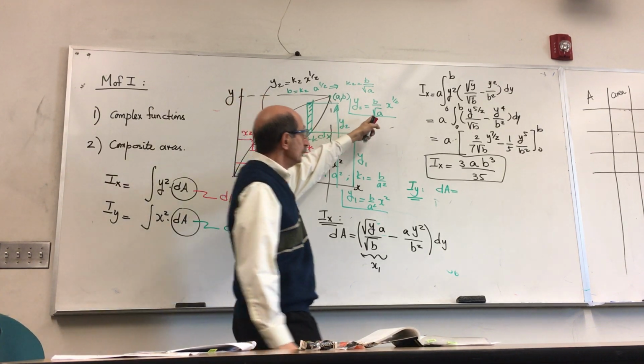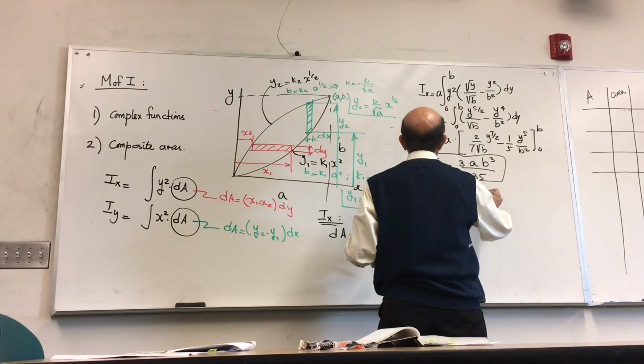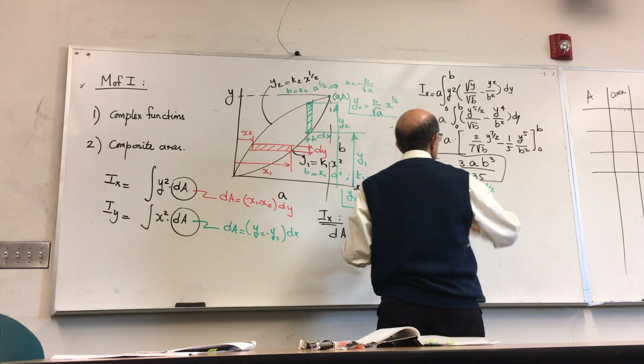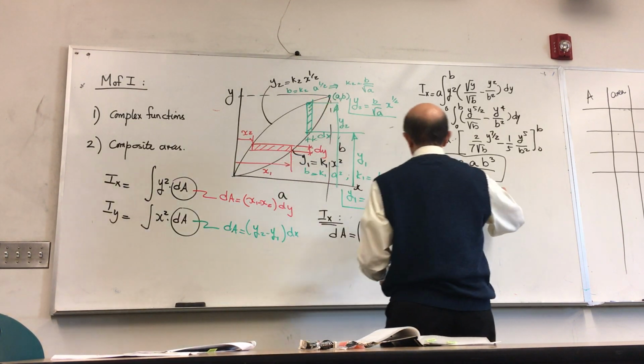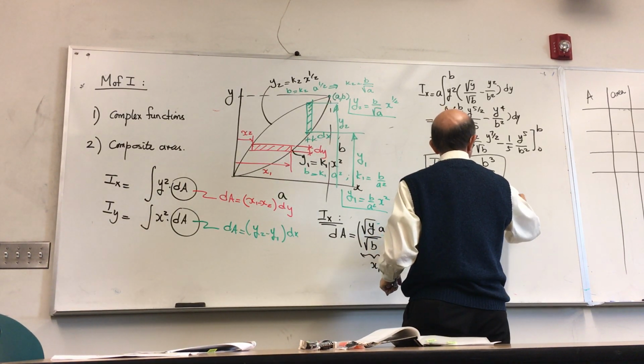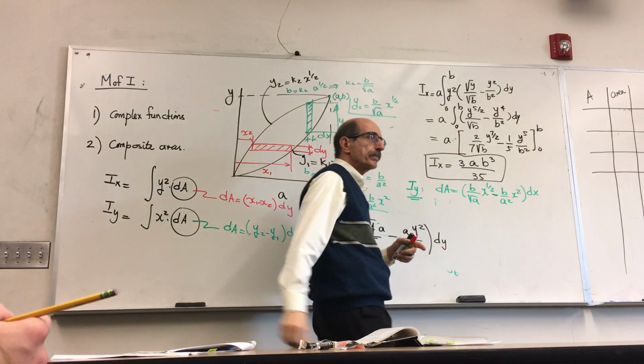y2 is this, so you have b over square root of a, square root of x, minus y1, which is b over a squared x squared, dx.